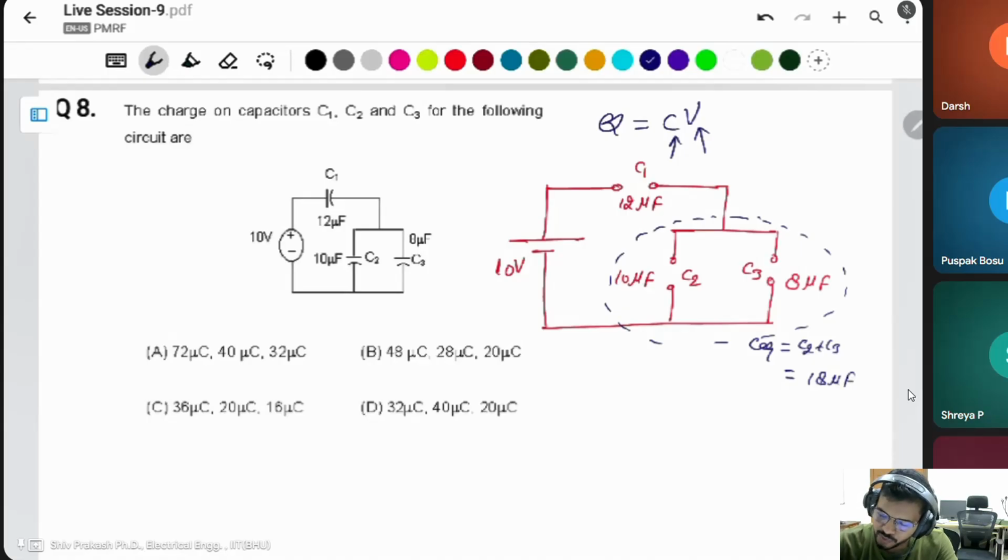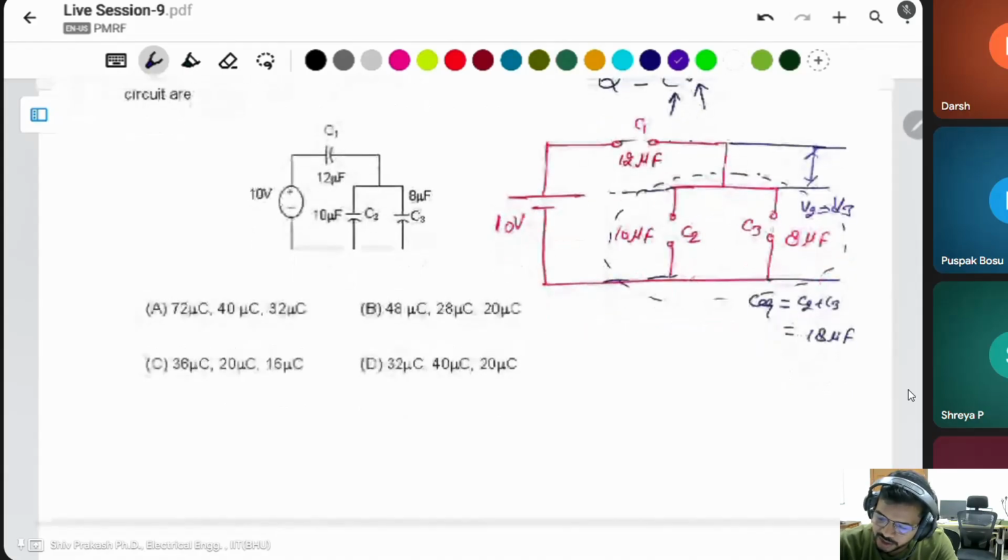Then the voltage will be divided into two parts, across these two capacitors and across this capacitor. Because both capacitors are connected in parallel, the voltage will be the same, V2 is equal to V3. The total capacitance is 18 microfarad.